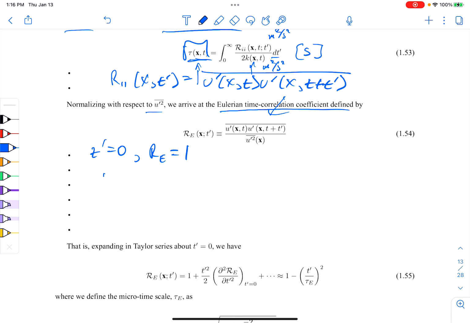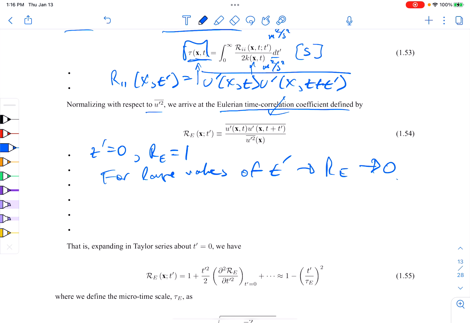For large values of t prime, RE will go to 0. And if I have large negative values of t prime, it will go to 0 too. And it turns out in turbulent flows, it's also symmetric about, of course, t prime equals 0.